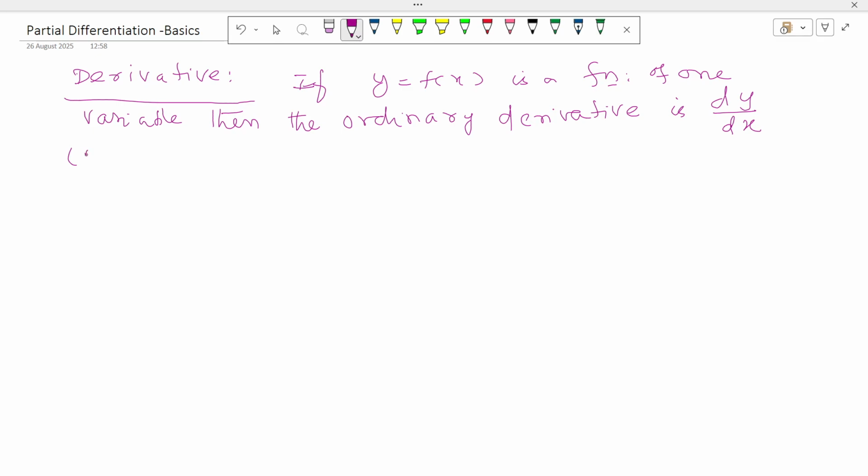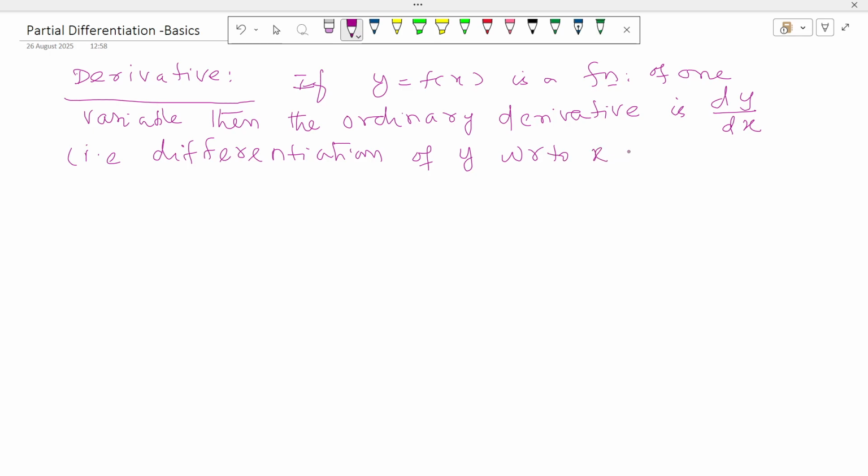That is differentiation of y with respect to x.